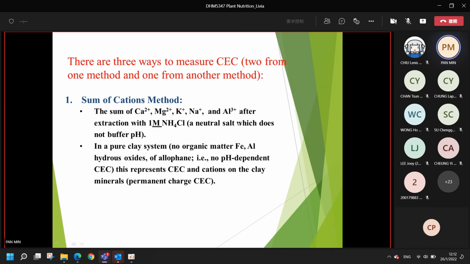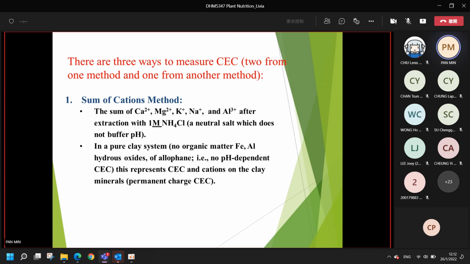And it is most useful in a pure clay system, for example with no organic matter or iron or aluminum hydroxides.